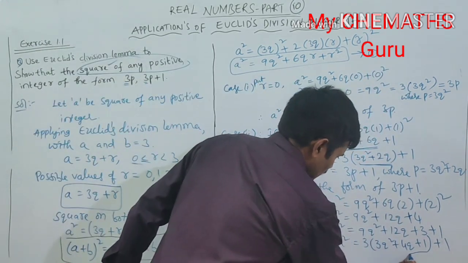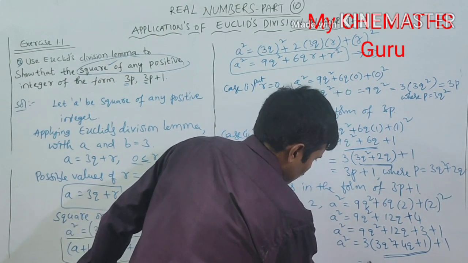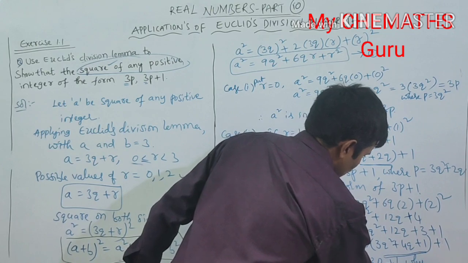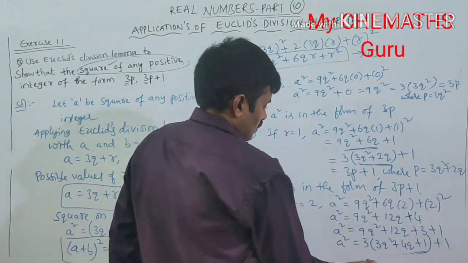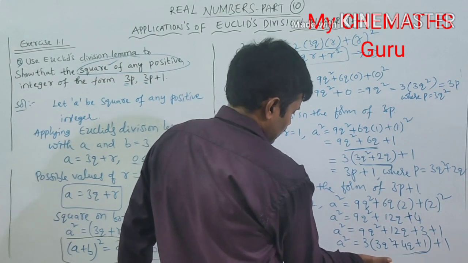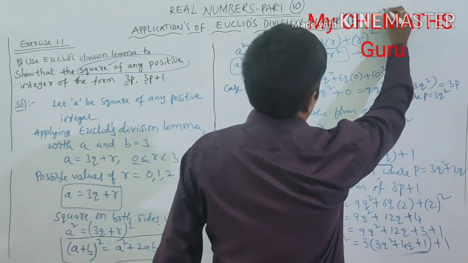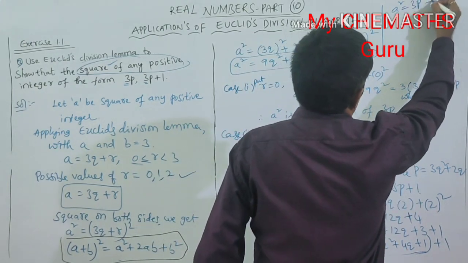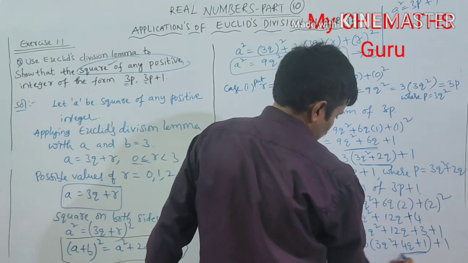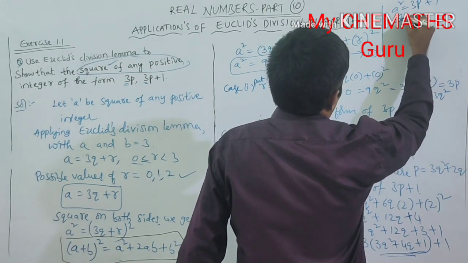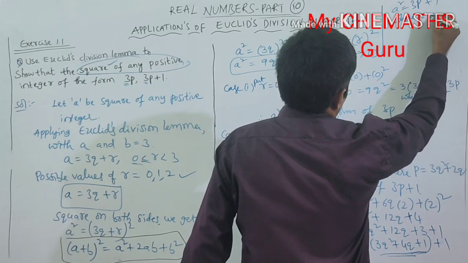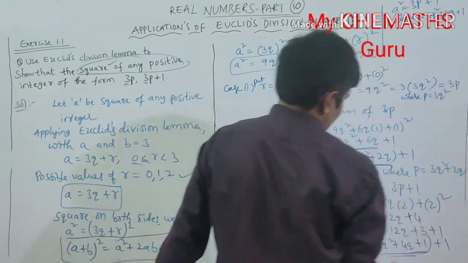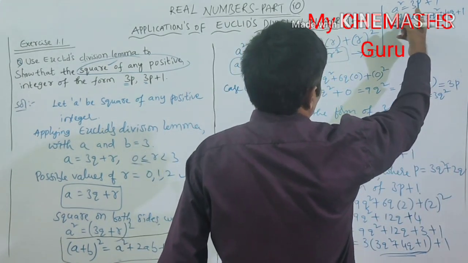Now we can consider this as one single letter, p, where p = 3q² + 4q + 1. So a² = 3p + 1.